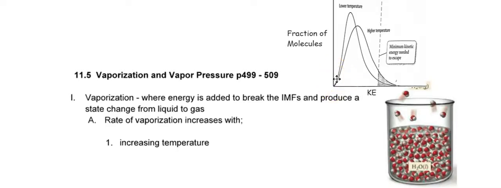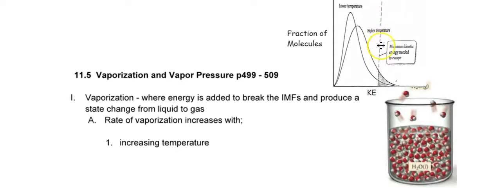I'm not going very fast. But look what happens with gas molecules. At a lower temperature, lower kinetic energy, more molecules are at this average area. When you increase the kinetic energy, you have fewer in the middle, but you have more at this outer extreme.